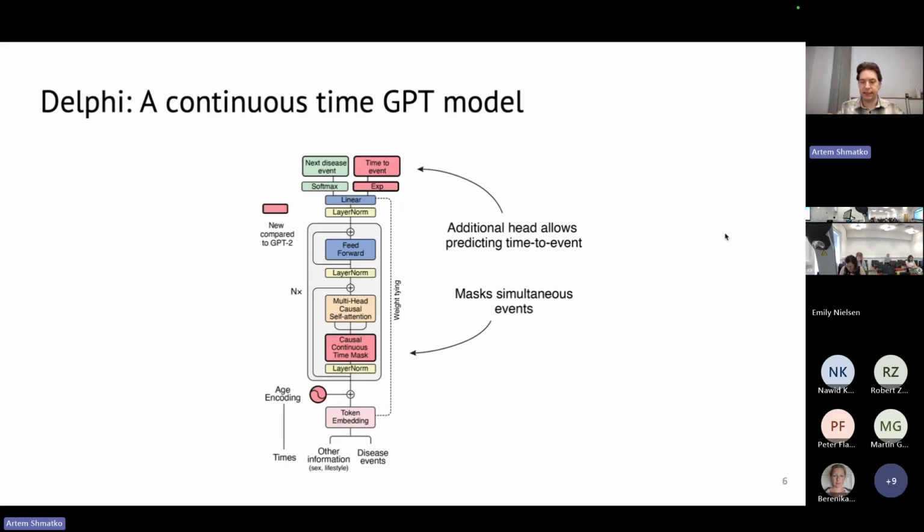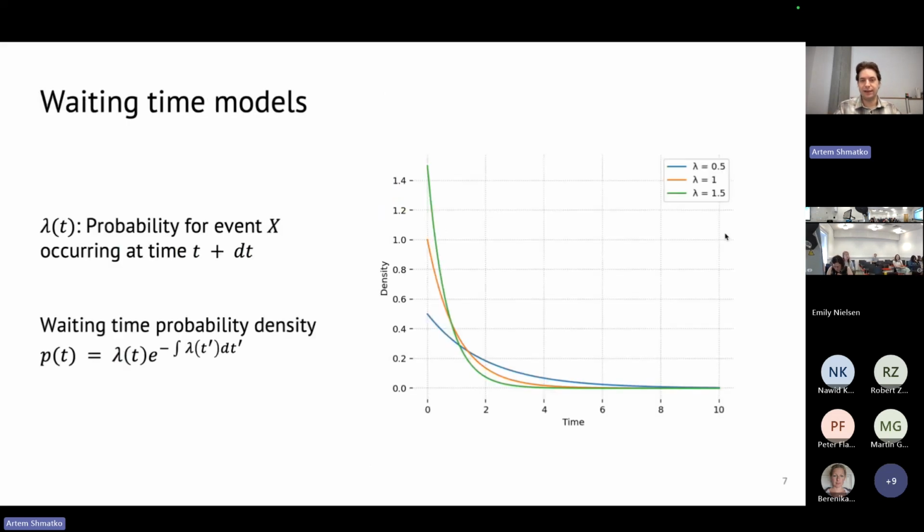But before we dive into what particular modifications we made, we need to do a little bit of statistics 101. The usual statistical framework used for modeling disease outcomes is called waiting time models, or time to event models.